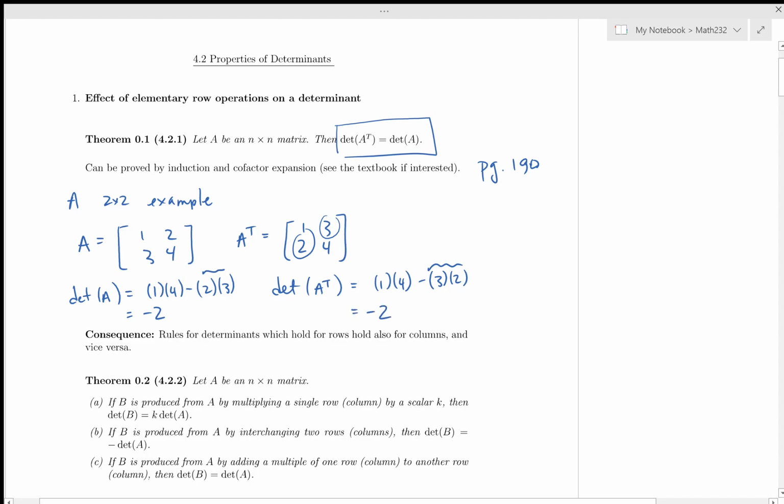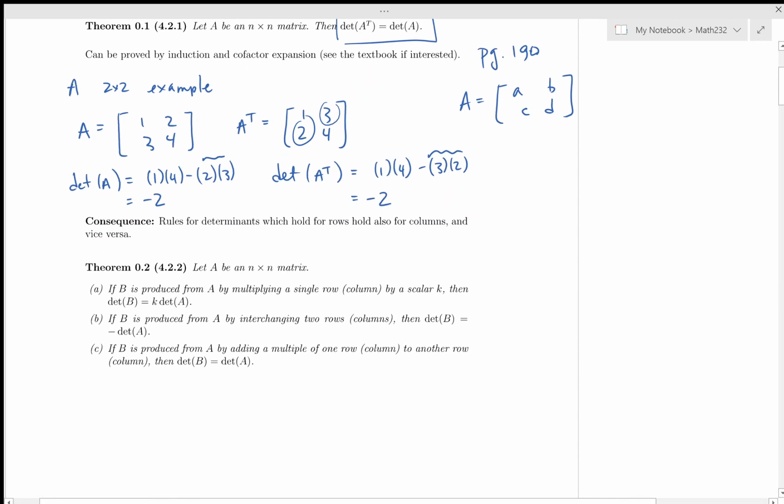You could do this in the general case, so try that yourself: take the general 2x2 matrix a, b, c, d, take the transpose, and take the determinant of both. Then you'll have proved it in the 2x2 case, and you can see how you could do this via induction, because all the cases eventually come down to doing a 2x2 determinant after you've done the cofactor expansion.